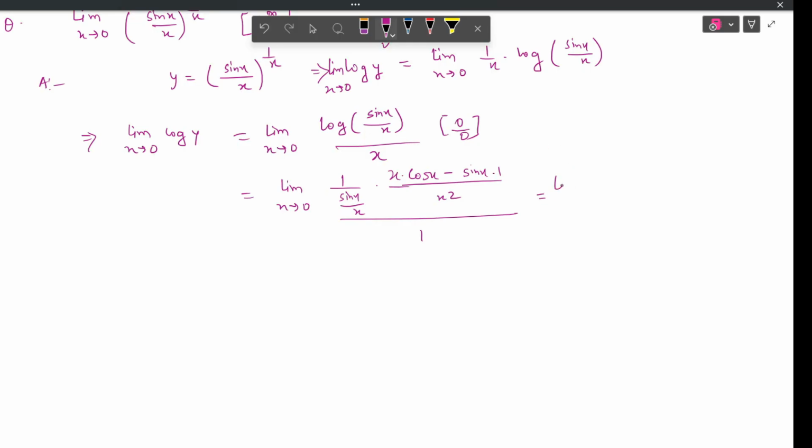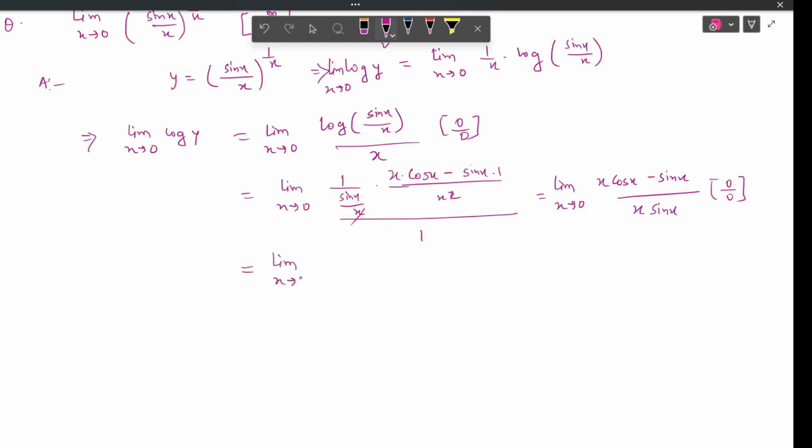Now this is limit x tends to 0 x cos of x minus sin of x by 1, x will cancel out from here, it will be x sin of x. We put 0, this is 0, sin 0 is 0, this is 0, so again it is 0 by 0 form. We have to take the differentiation again.